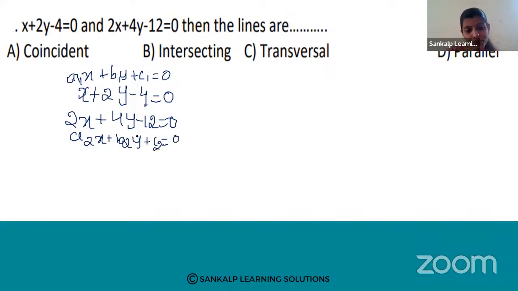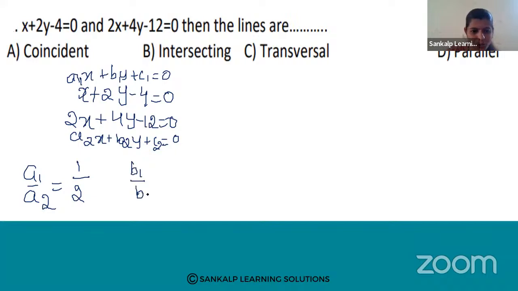Now we need to compare the values of a1 and a2. Compare the ratios. a1 divided by a2: a1 value is 1, nothing is there means 1, and a2 value is 2. That means 1 divided by 2.